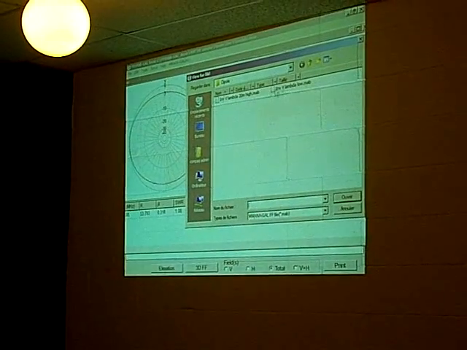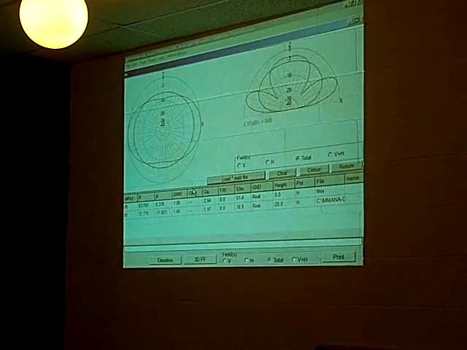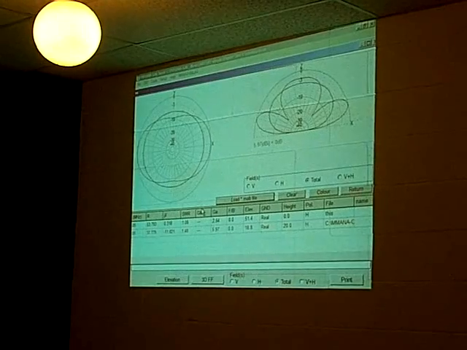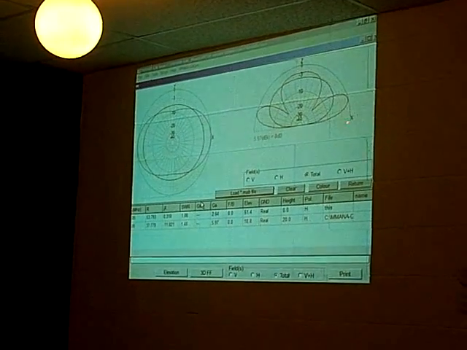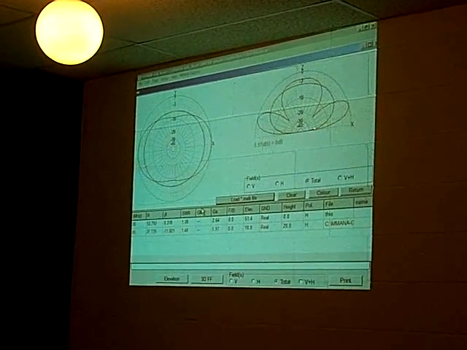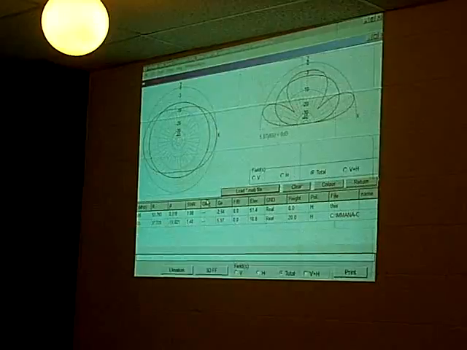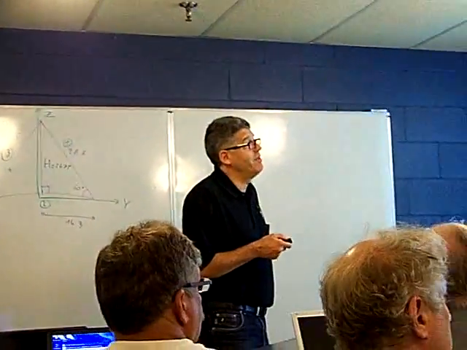Okay. Yes, that's what I wanted to see. So here we have the pattern of two inverted Vs, one is the low one and the other one is the high one. You can see that, of course, the high one is far better for DX, because DX is between 0 and 10 degrees, so that's the interesting place for us.